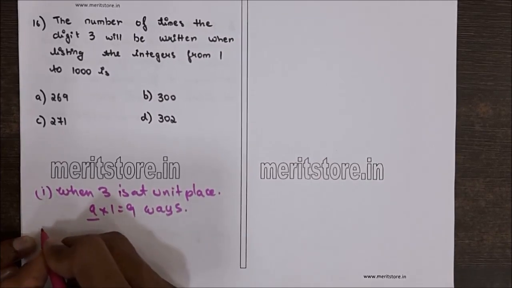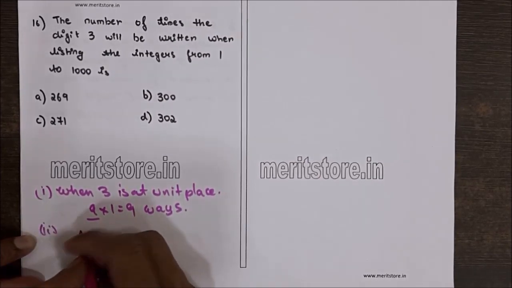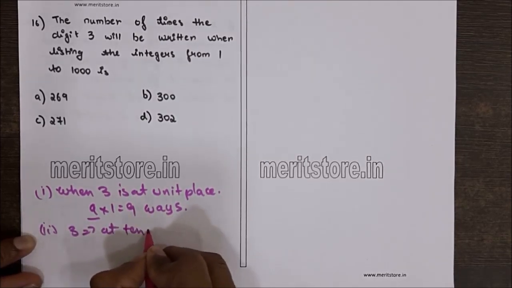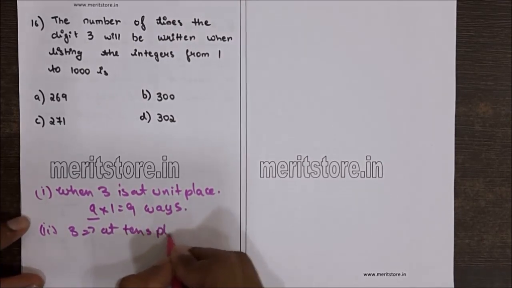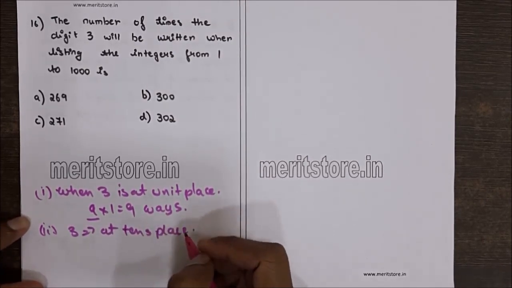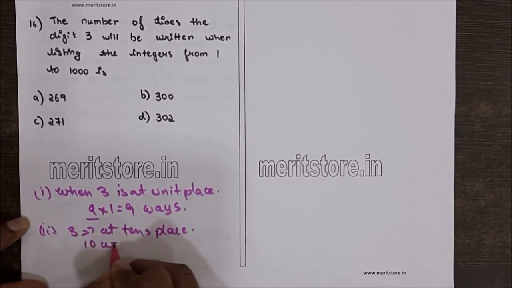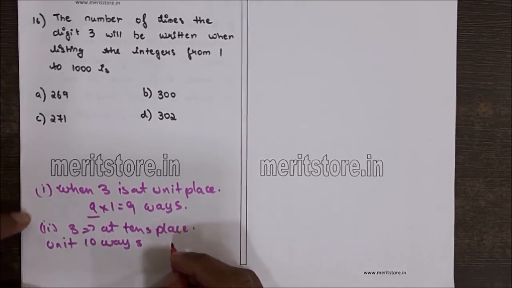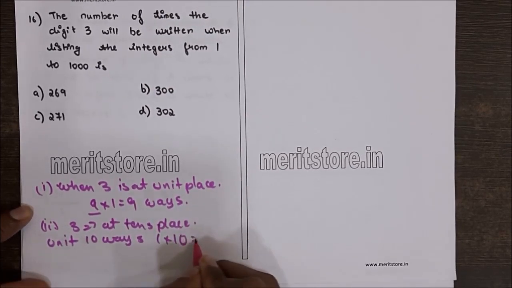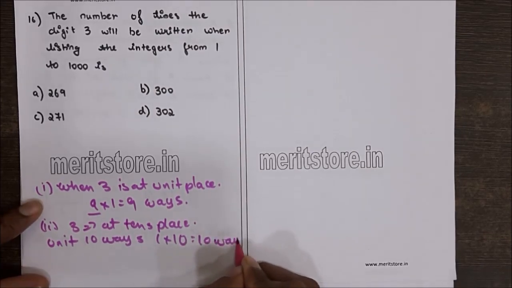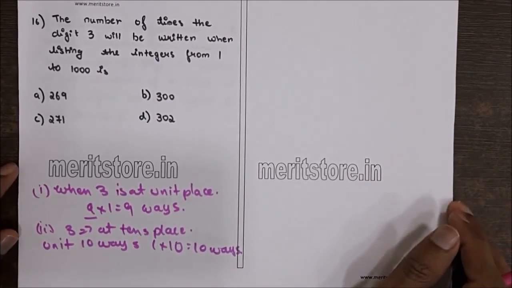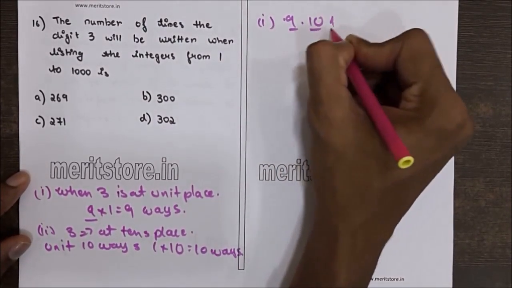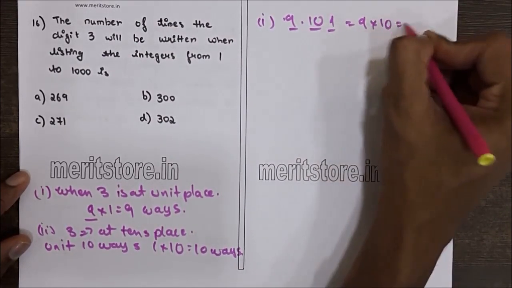For the second, when 3 is at the tens place, then the unit place can be filled in 10 ways. So this can be written as 1 into 10, which is equal to 10 ways. For 3 digit numbers, for the first we get 9 into 10, which is 90 ways.